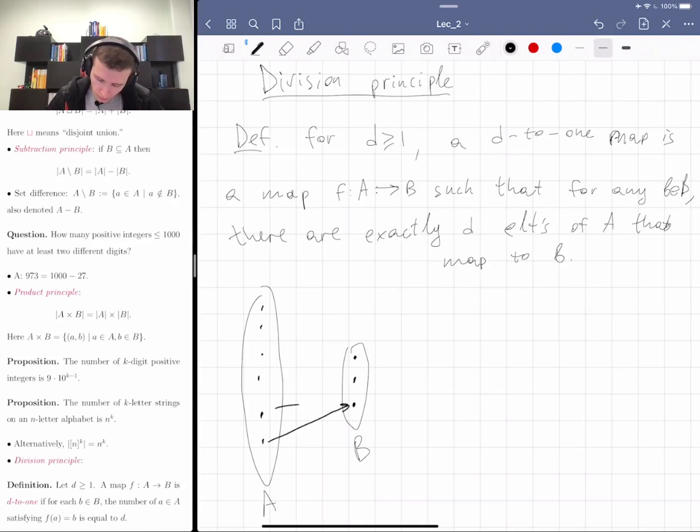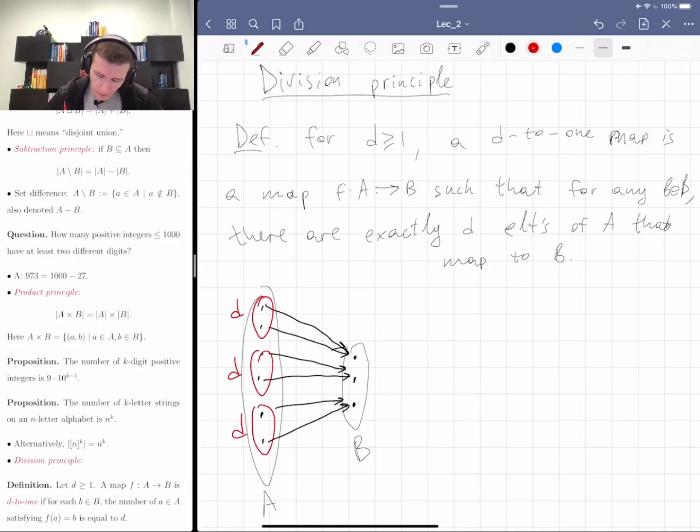I'm going to draw a picture for d equals 2. There are exactly d elements that map to each given element of B. So in particular, any d-to-1 map is surjective.